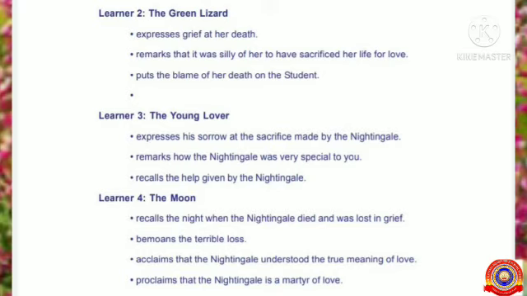Here in the speech, include points like recalls the night when the nightingale died and was lost in grief. Next point, bemoans the terrible loss. Then claims that the nightingale understood the true meaning of love. Proclaims that the nightingale is a martyr of love.